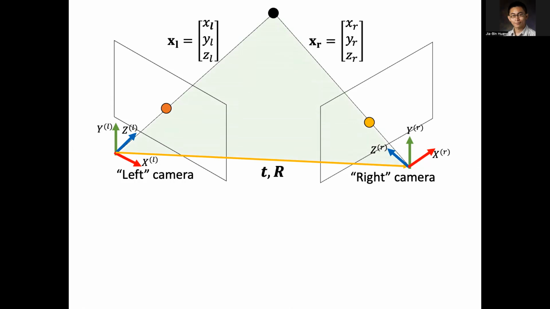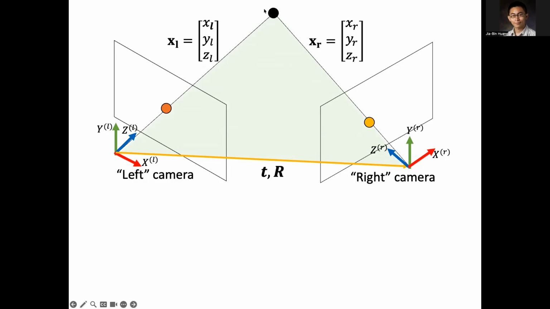So three points define a plane. Okay. So now we need to derive what it means for there to be a plane here, right? How do I derive that epipolar constraint? Okay. So the key equation here is that, look at this geometry, what it says is the following.